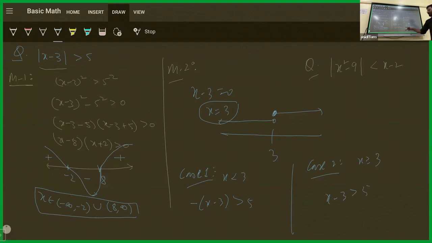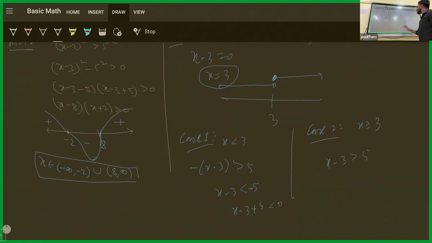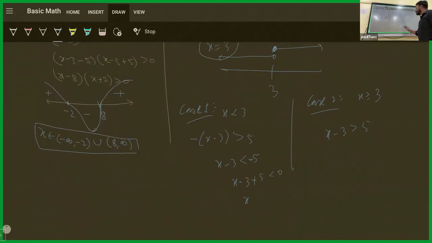Yes or no? Now if you simplify this further, you can multiply both sides by minus 1, so we'll get x minus 3 less than minus 5, correct? And then x minus 3 plus 5 less than 0. It means x plus 2 less than 0, so x is less than minus 2 in case 1.